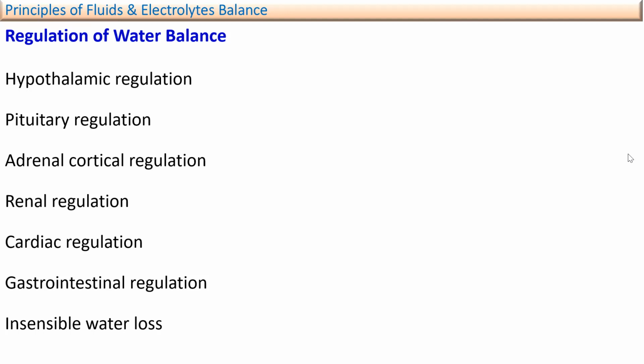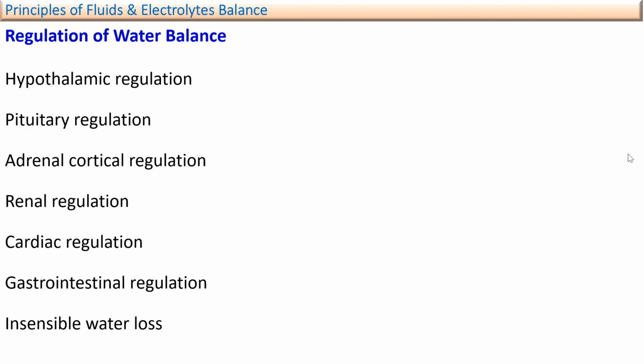There is also a cardiac regulation for the fluids, because we have ANF, atrial natriuretic factor, a hormone released by the cardiac atrium in response to increased atrial pressure and volume, like in CHF, where you'll find an elevation of ANF. ANF causes vasodilatation and increased urinary excretion of sodium and water, and eventually decreases the blood volume.